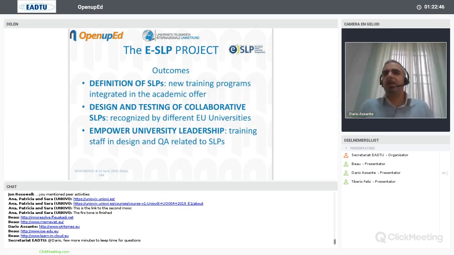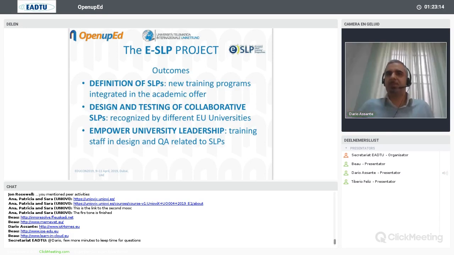That will be an innovative way of training program that should, on one side, be more easily recognized by different European institutions, and on the other side should be a more flexible training program, able to quickly respond and adapt to the labor market needs.